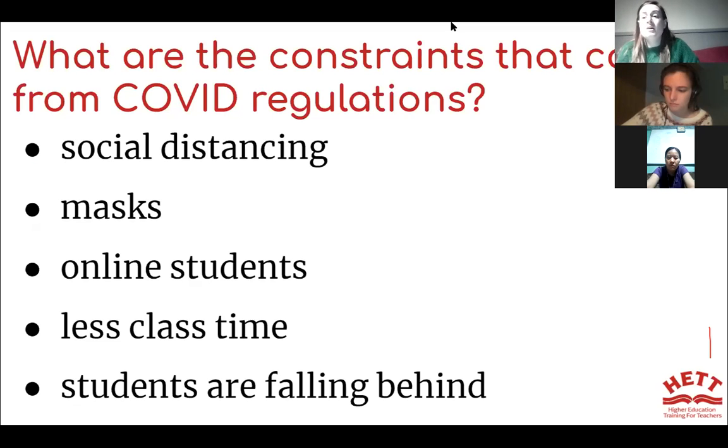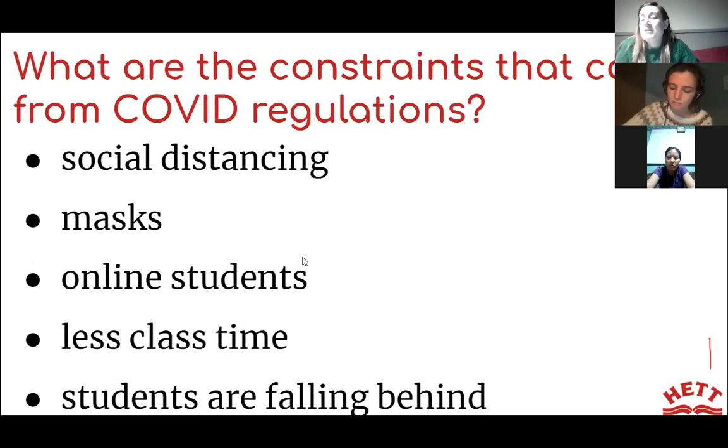You have Zoom fatigue, where you get tired of being on the computer on Zoom. You have maybe less class time because people can't sit in front of a computer for classes the same way they can sit in a classroom face-to-face.